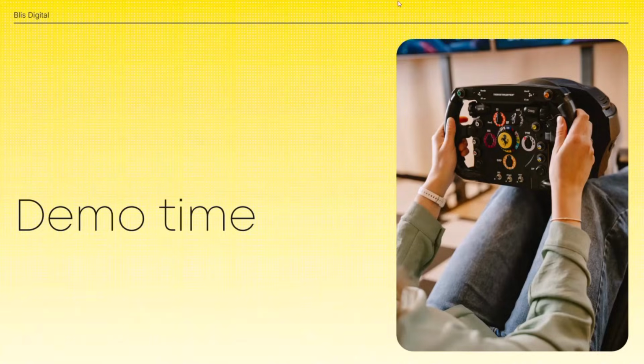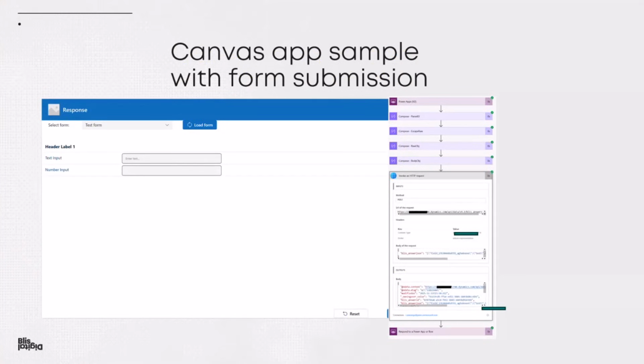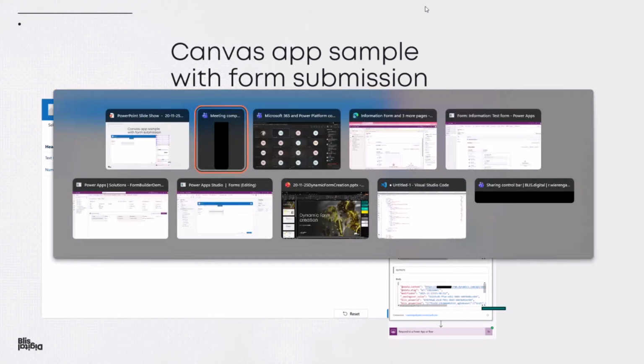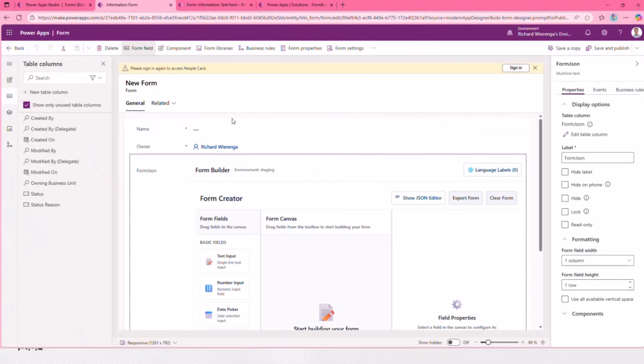So, quick demo. I've created a Canvas app where the JSON is loaded and a Power Automate workflow to store the results. Inside the form, you can add a new form field, which is a PCF component.